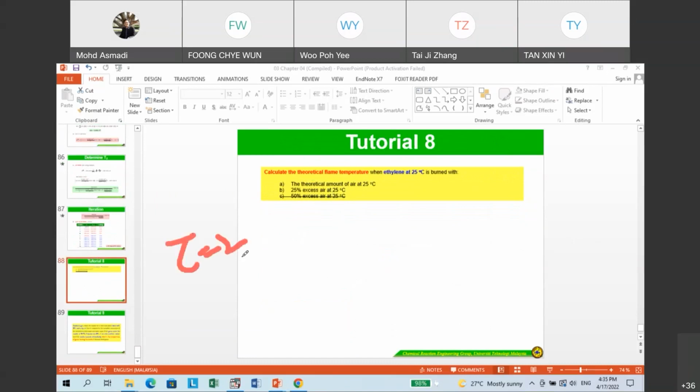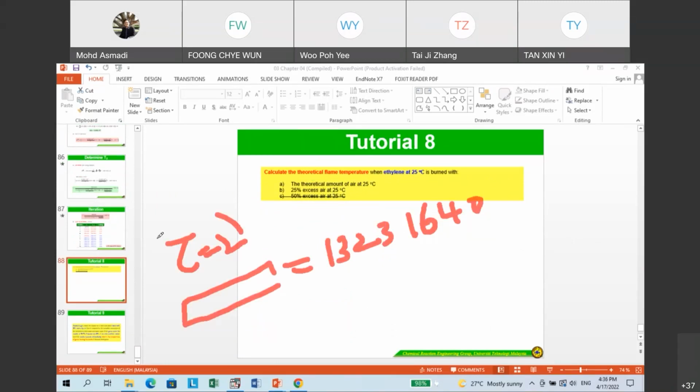When you use tau equal to 2, is the answer similar between left and right? The answer is 1, 3, 2, 3 and 1, 6, 4, 0. Is it similar with the left side? If not similar, you have to guess another value of tau. This is when you do iteration, so the left side and right side are similar.